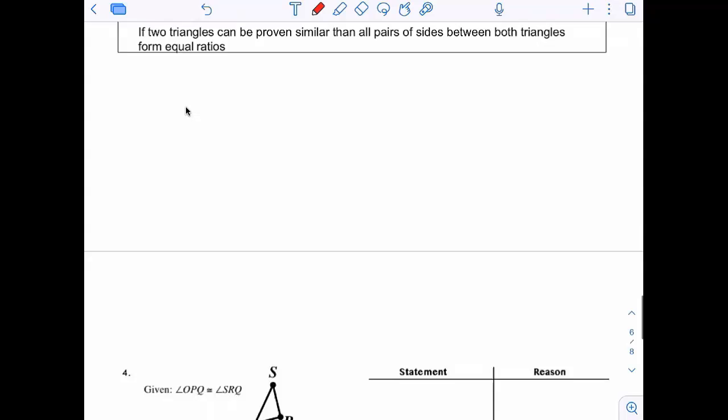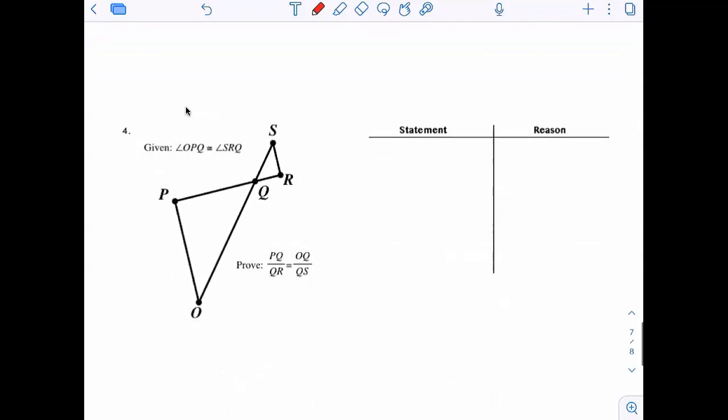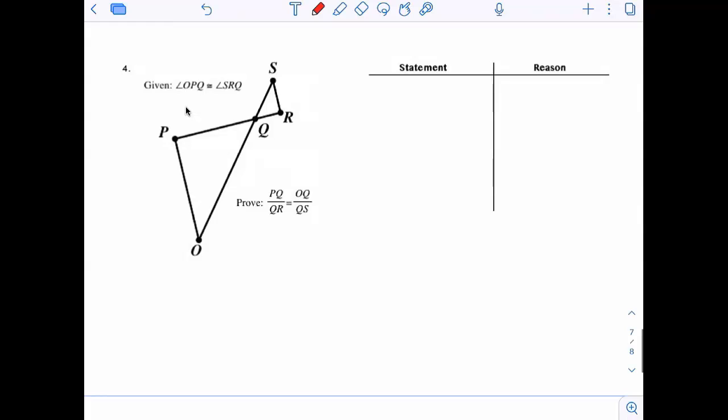Okay, so let's look at an example. This is proof number 4. So we are given that angle OPQ is congruent to angle SRQ. Just by looking at the figure, we know we have vertical angles here.